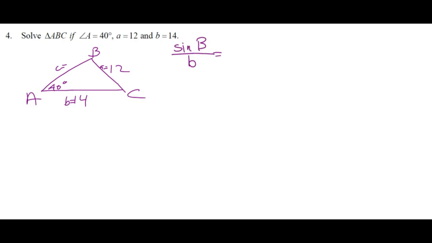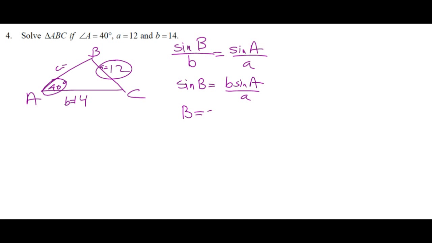Sine B over little b is sine of A over little a, right? We got a known pair. All right, good. So sine B is b sine A over little a. B is the inverse sine of, and now we can fill in the numbers. So 14 sine of A, which is 40 degrees, over 12.